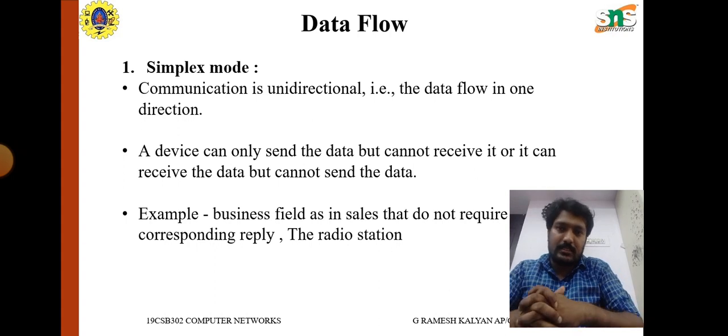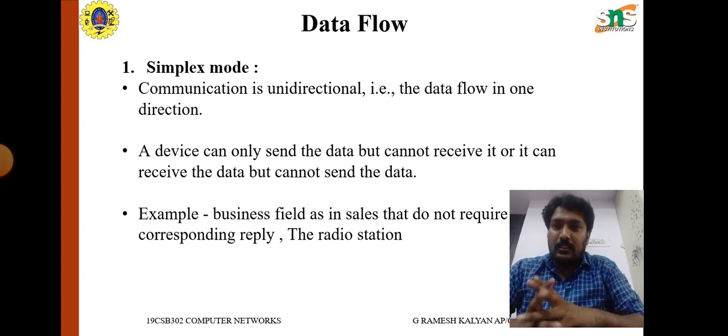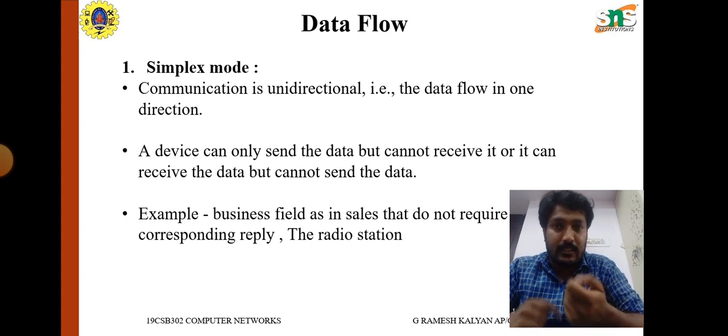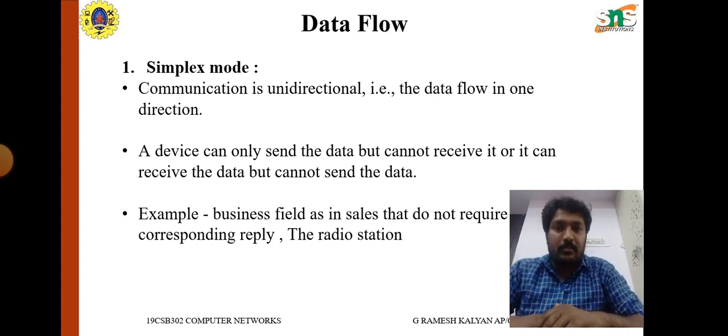In simplex mode, the communication is a unidirectional process. That is, a person who is communicating can communicate, and the other person could just listen. They could not reply to whatever is being said. So the data flow is in a single direction. This device can send the data but not receive it, or it can receive the data but cannot send.